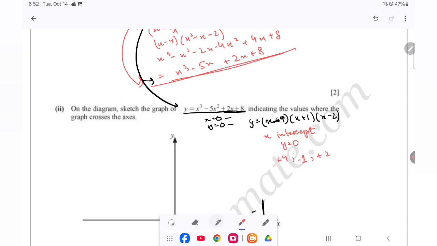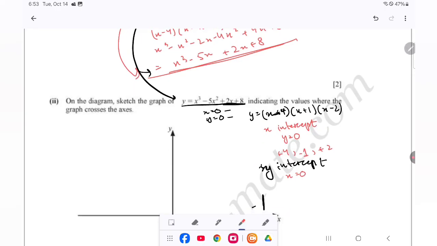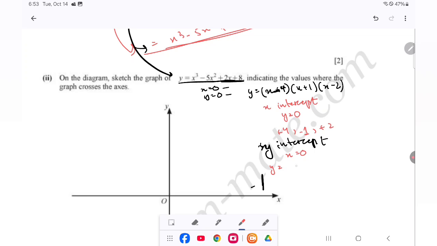Sorry, on the y-intercept, x will become 0 and y is equal to negative 4 into 1 into negative 2. It will give you positive 8, which is here positive 8.